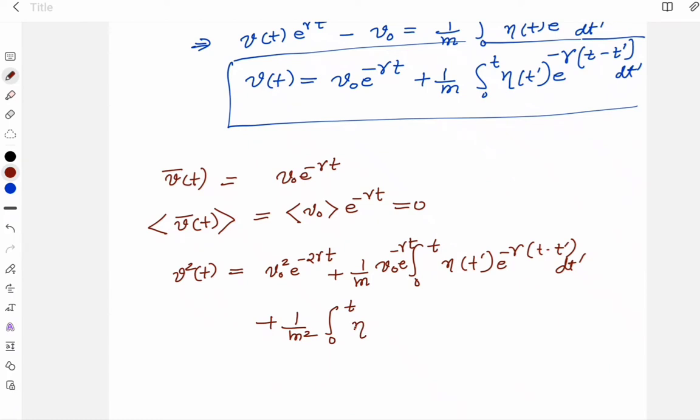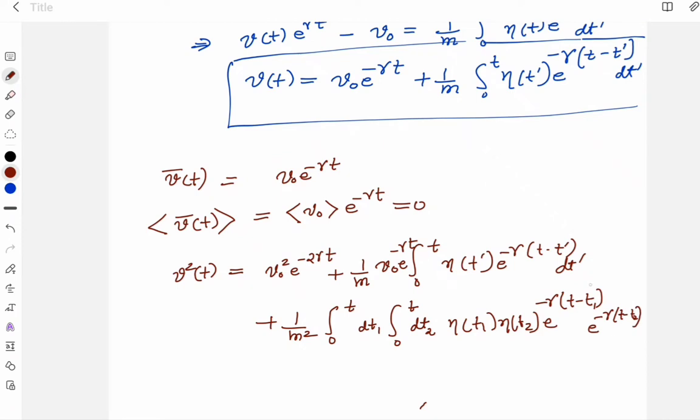Okay, yeah, so eta t prime e to the power minus gamma, just this, okay, dt1 from 0 to t, dt2 from 0 to t, eta t1 eta t2 e to the power minus gamma (t minus t1) e to the power minus gamma (t minus t2).